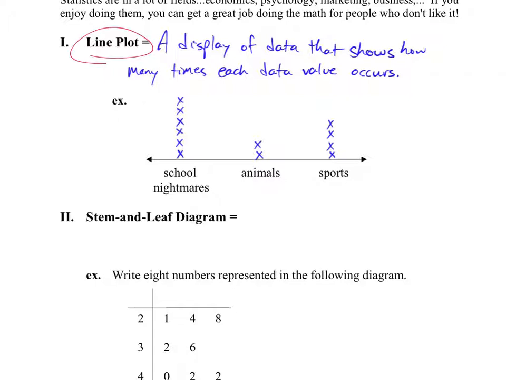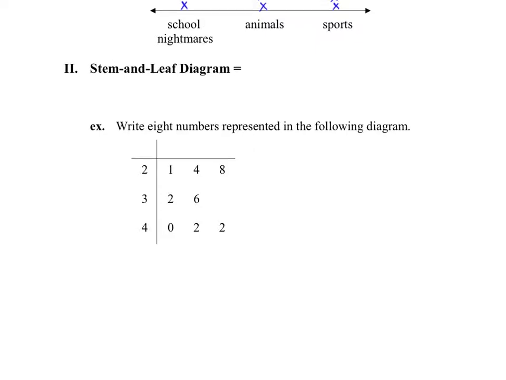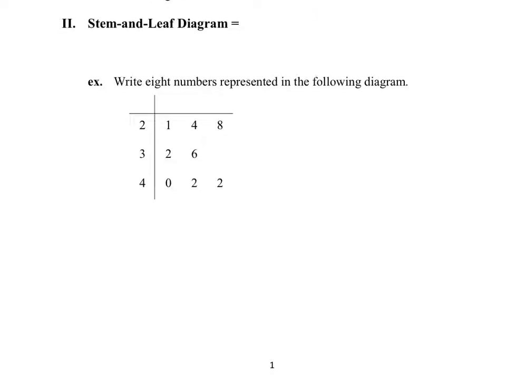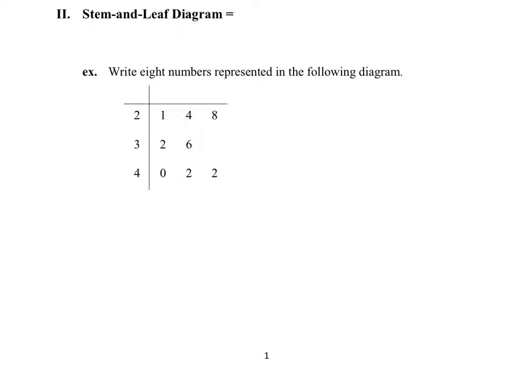Then moving on to stem and leaf diagrams. So trees have stems and leaves. With this, what it does is it uses digits. Let me grab a pen a second. So it uses the digits of the data.